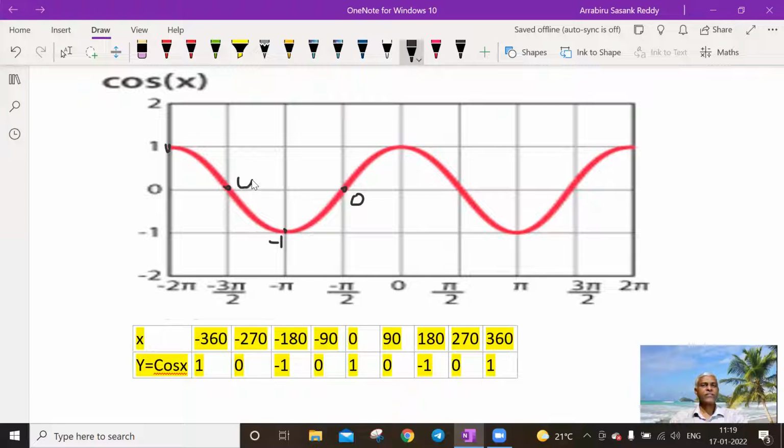So these are the zeros. And 90, 0, cos 0 is 1. So this point is 1.